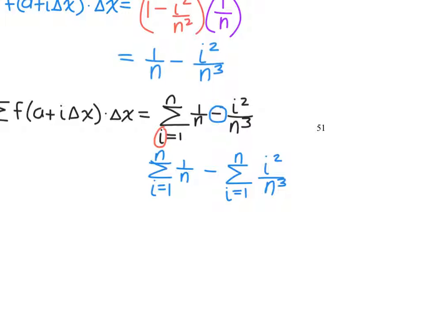So in this one I plug in a 1 for i, and then I plug in a 2 for i, and then 3, and then a 4, simplify, and then add it all up. So in each case, there's elements that can be pulled out of the summation. For the first sum, I have a 1 over n that can come out. It doesn't have an i in it. And for the second one, I have a 1 over n cubed that can come out.